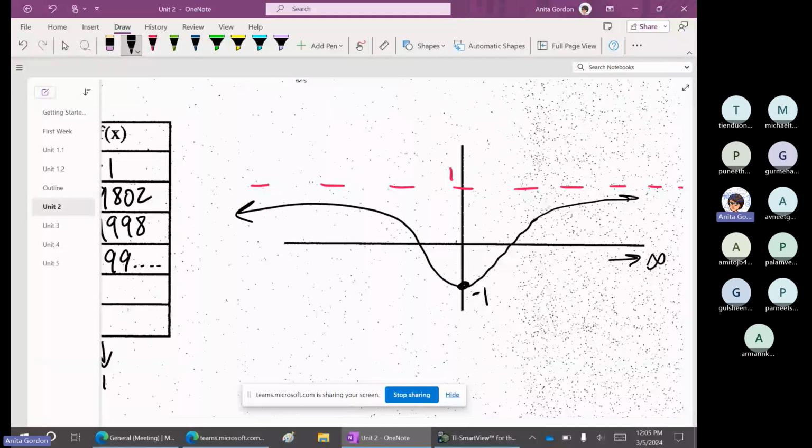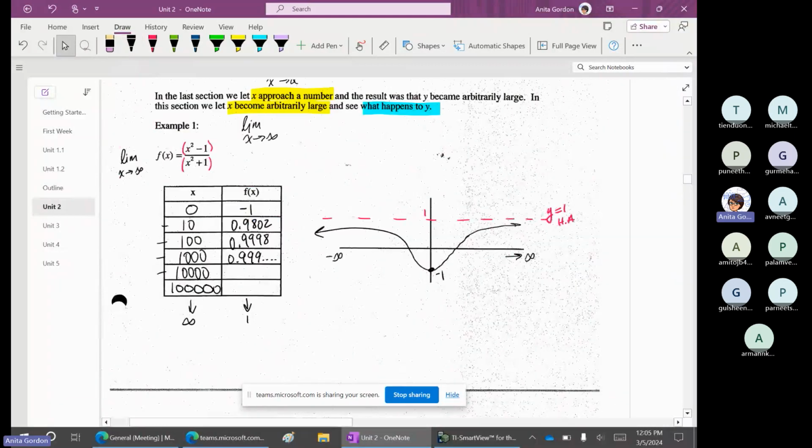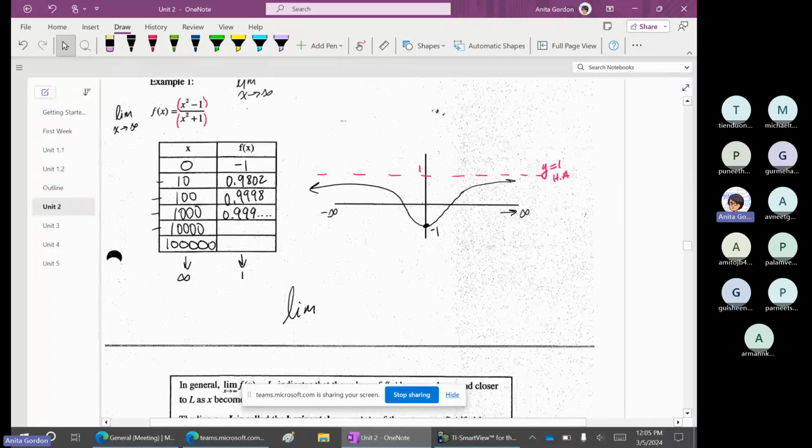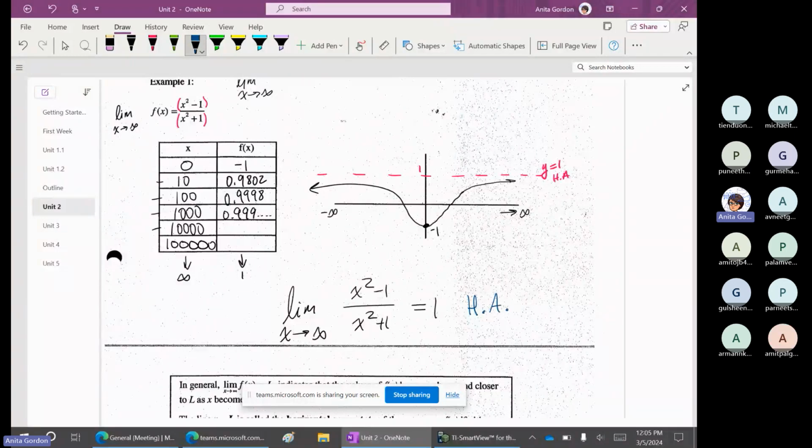Approaching but never touching my horizontal asymptote as x goes to negative infinity. So my final statement is this. The limit as x approaches infinity of the function x squared minus 1 over x squared plus 1 equals 1. The limit is approaching 1. Therefore, we have a horizontal asymptote.